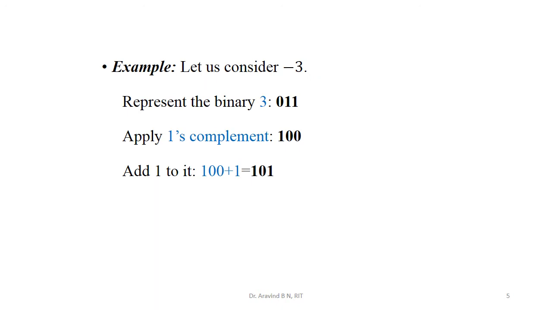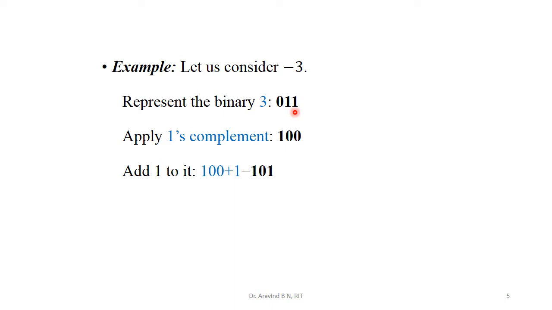Let us consider one example of realization of the value -3. So -3 is a negative number. Its realization involves, first step, represent the binary value equivalent to 3, that is 0, 1, 1.